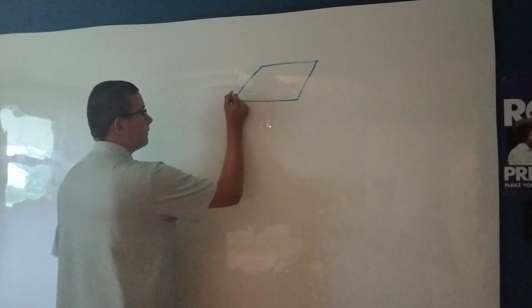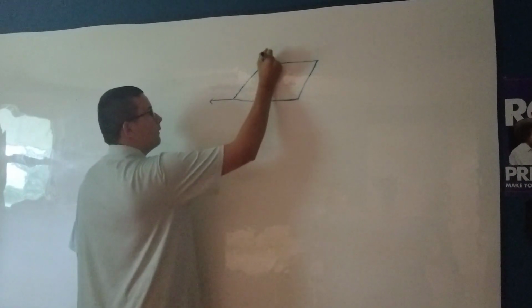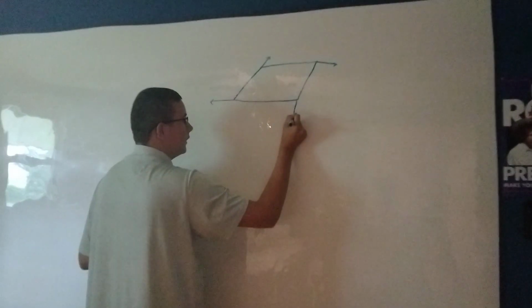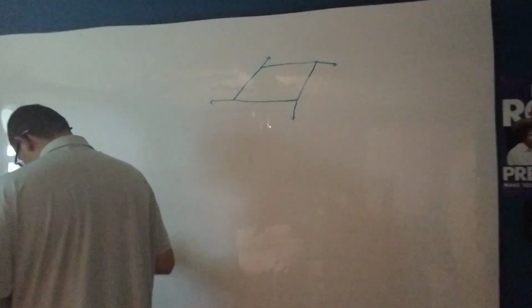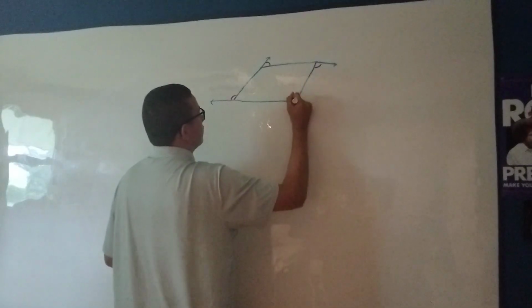And then if we take this and extend it out in any direction like this, and this, so you extend any set of sides, the exterior angles would be these right here.